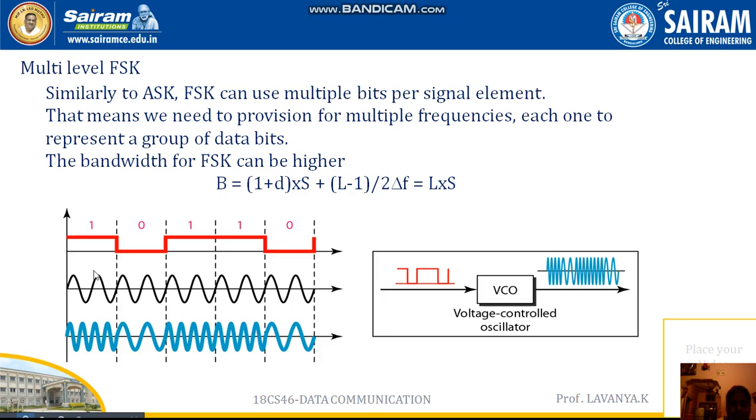See, the same thing: if the bit is 1 it provides the frequency, and if it is 0 it provides a very low frequency. With the help of this digital data and our voltage controlled oscillator, it is going to provide the actual result.